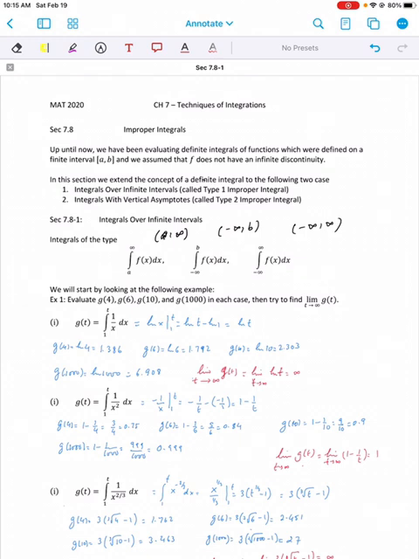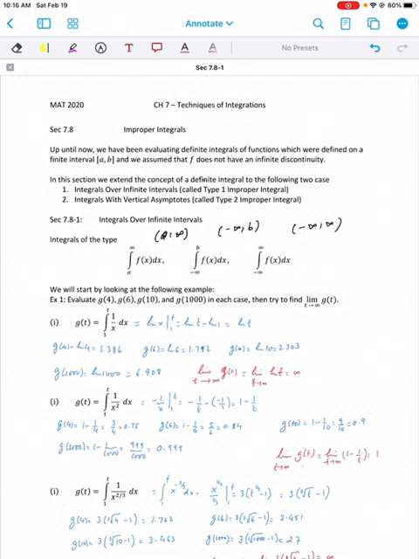In this section we will be covering two new kinds of integrals. These are kind of definite integrals, but they are over intervals which have vertical asymptotes, or intervals which are infinite.